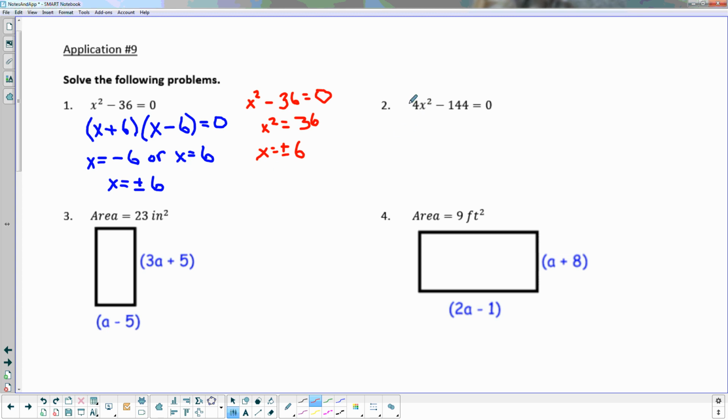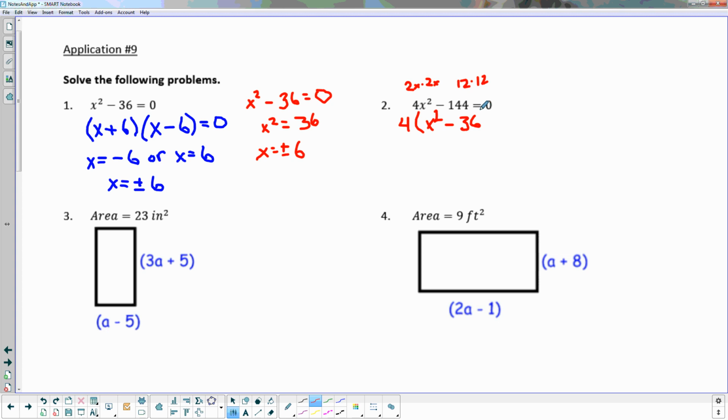On number 2, you could use difference of squares first, saying that this is 2x times 2x, and that 144 is 12 times 12. Or there's another option. You could factor 4 out because they're both multiples of 4. And when you do that, you're going to get x squared minus 36.